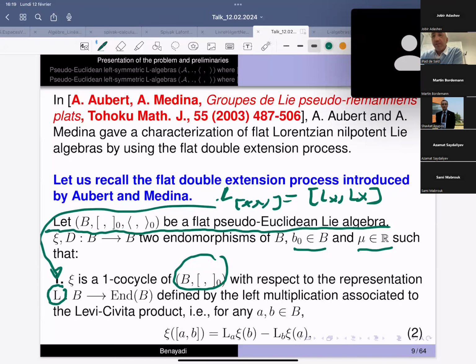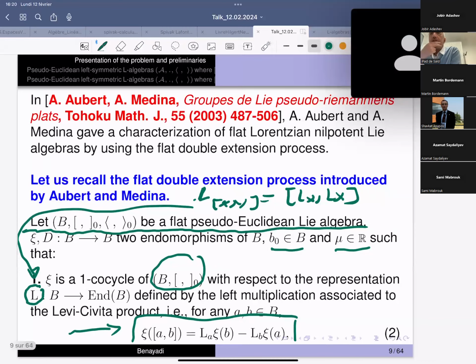representation. That means ξ of the bracket AB is equal to this. This one is exactly a one-cocycle of B, but not with respect to the adjoint representation, but with respect to this new representation given by the Levi-Civita product.